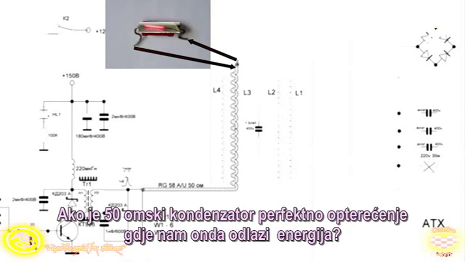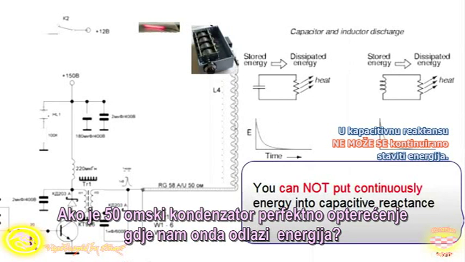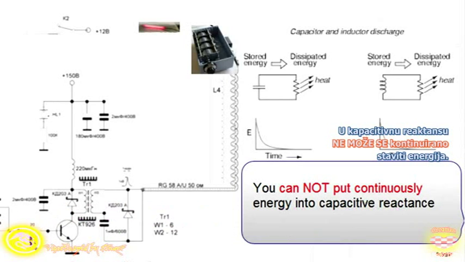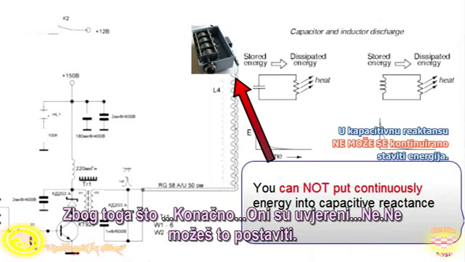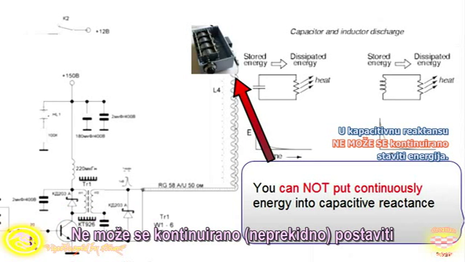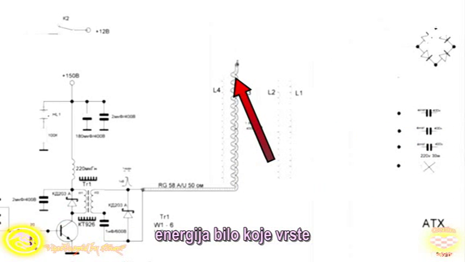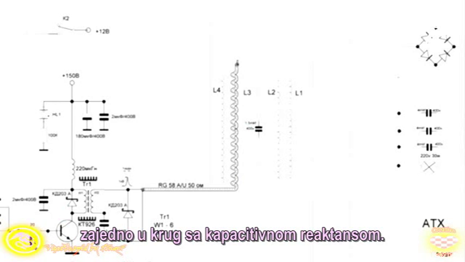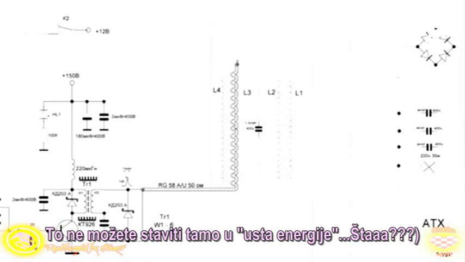Okay. I then ask them, if a 50 ohm capacitor is a perfect load, where does the energy go? And then you get a funny look on their face. Because they eventually realize, whoa, you cannot continuously put energy of any kind into a pure capacitive reactance. You can put an amount of energy in there once.